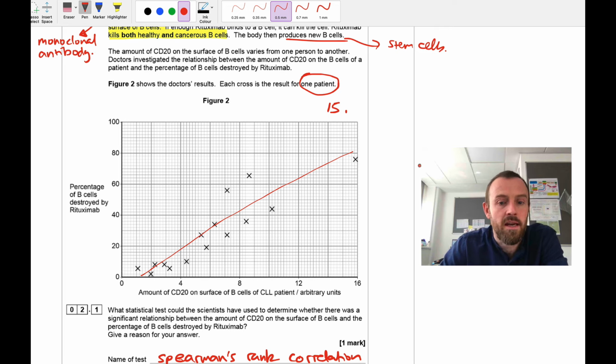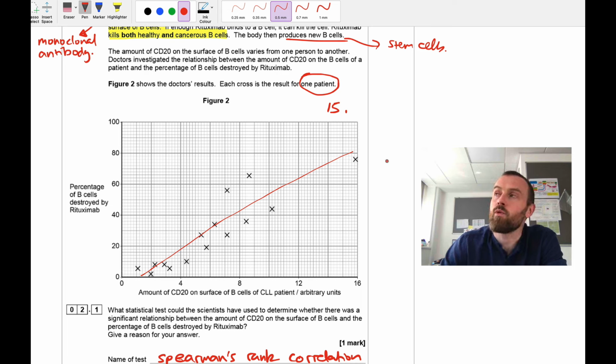Another point, it never reaches 100%. So we never destroy all of the B cells. Even the patient here with the most CD20 on the surface of the B cells, approaching 16, whatever unit that is, still has under 80% of B cells destroyed.